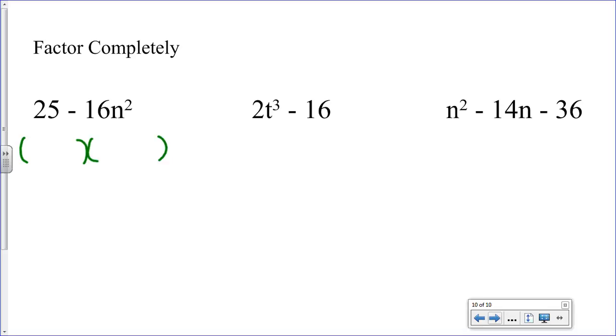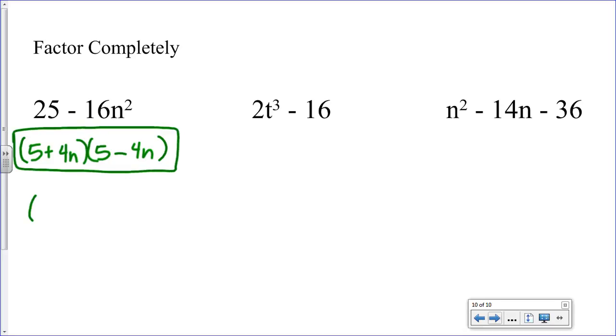What's the square root of 25? What's the square root of 16n squared? 4n. One is plus, one is minus. If you wanted to write it the other way where your variable is first, make sure you include your negative here. So this is correct, and I'm fine with you leaving it like that. But if you wanted to write it like this, that is where your negative is.